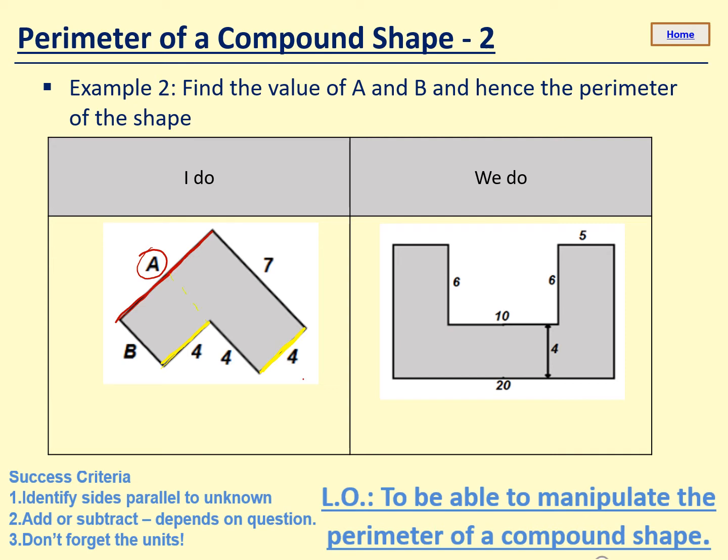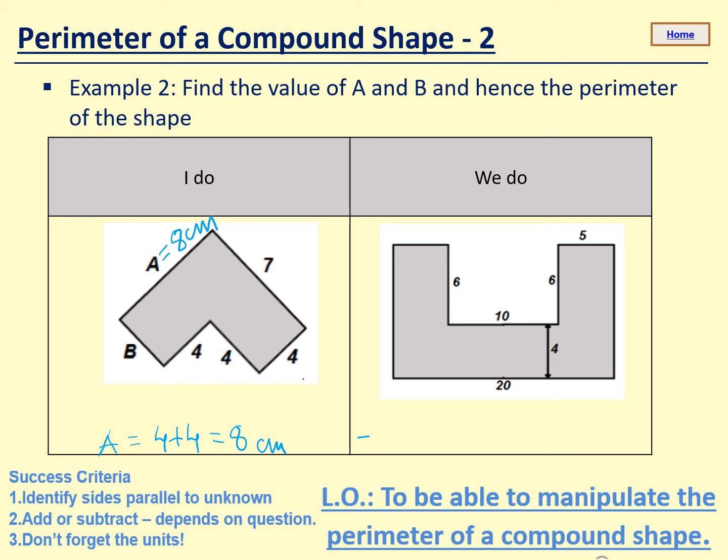From here, we should see that this is the same as this, and this is the same as this. So our a is this and this. So a equals 4 plus 4, which is 8 centimeters. So I know that my a is 8 centimeters.